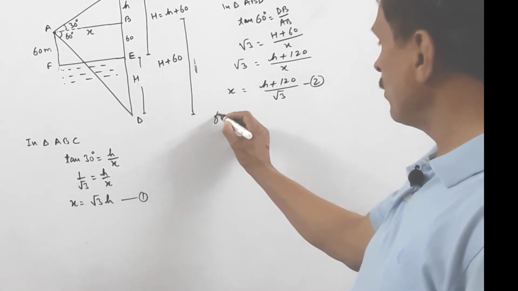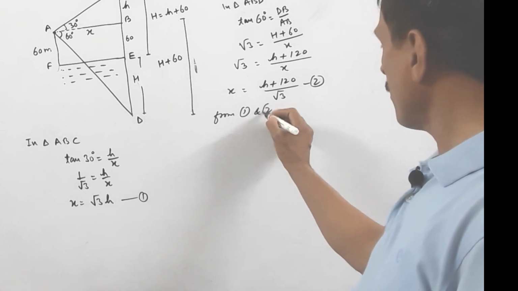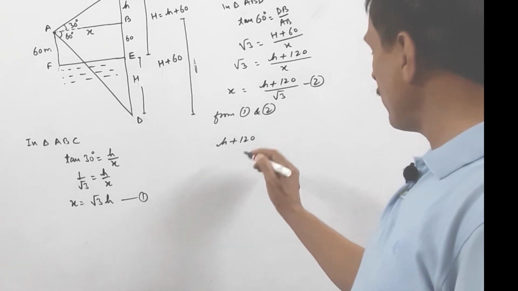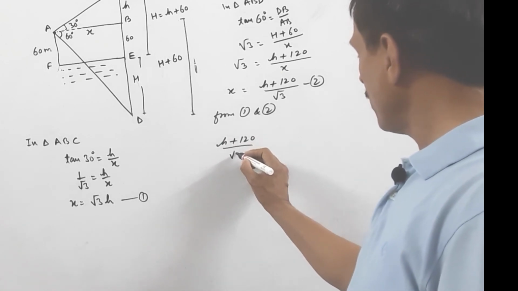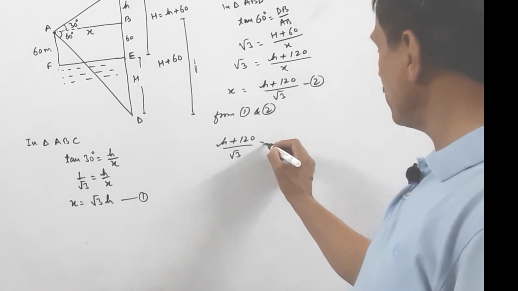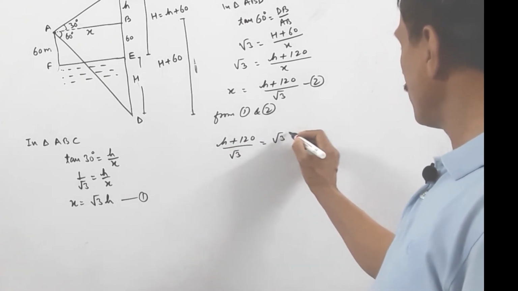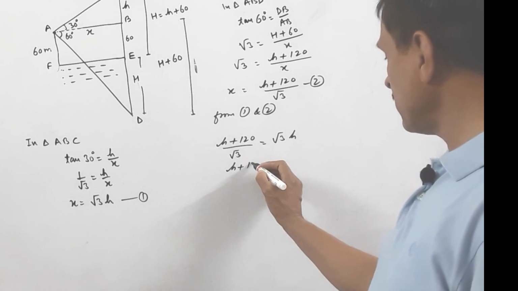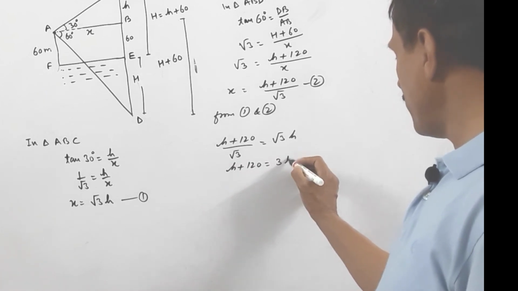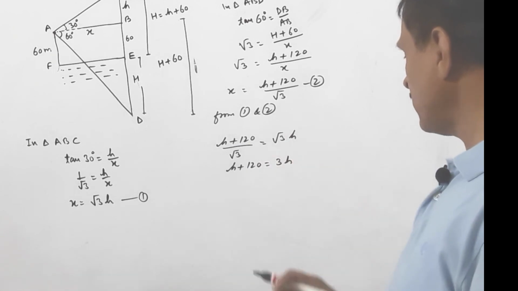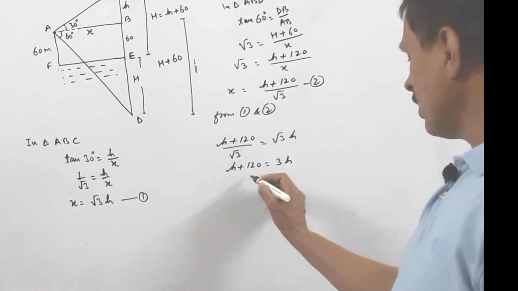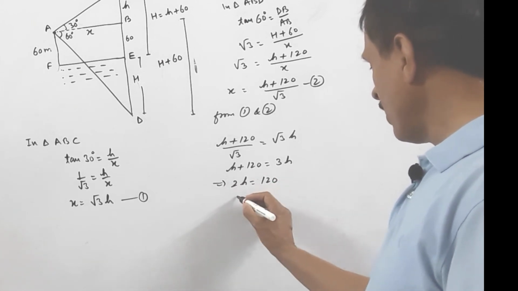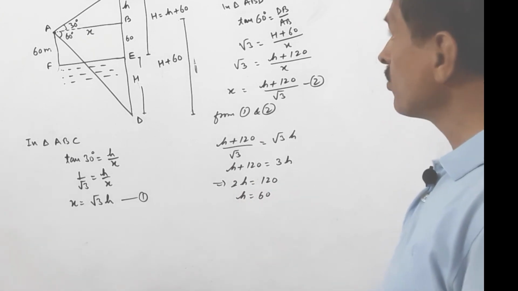Now from 1 and 2, h plus 120 upon root 3 is equal to root 3 h, or h plus 120 is equal to 3 times h, because root 3 into root 3 h is thrice of h, or it implies twice of h is equal to 120, or h is equal to 60.